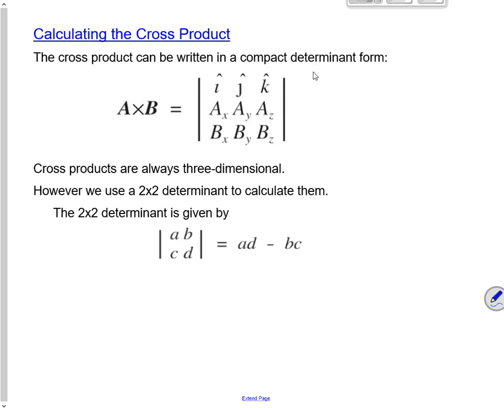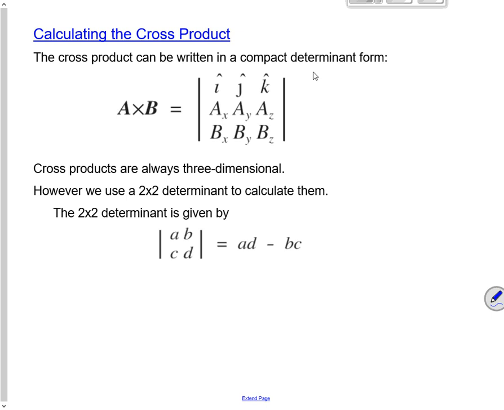So, calculating the cross product. Typically the way I do this is I write it in a compact determinant form, the way it's shown at the right. If I'm going to do A cross B, the first thing I do is write down my 3 unit vectors, I hat, J hat, K hat. Then I write the first vector in component form, AX, AY, AZ.